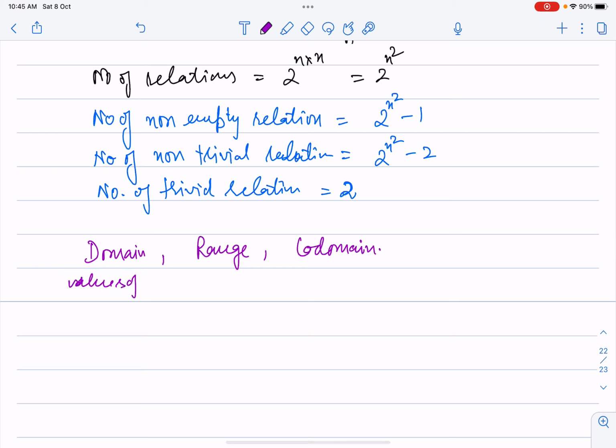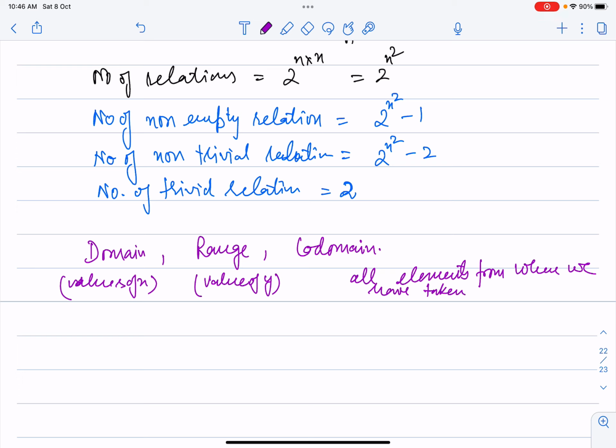Range is the values of y, the permissible values of the second element of the ordered pair, and codomain is all the elements from where we have taken the second element of the ordered pair.